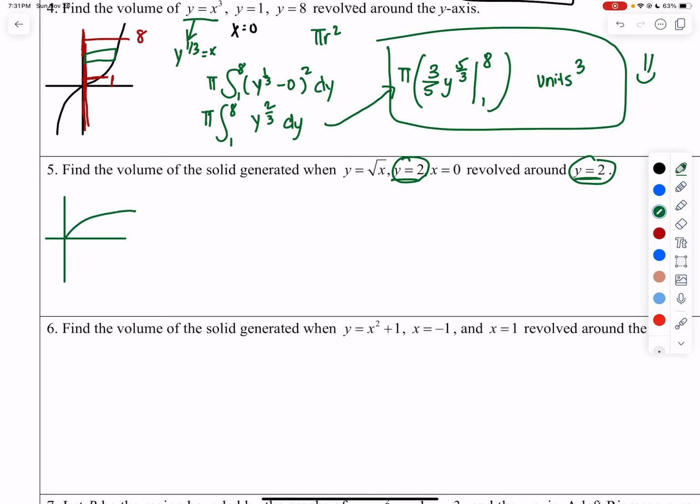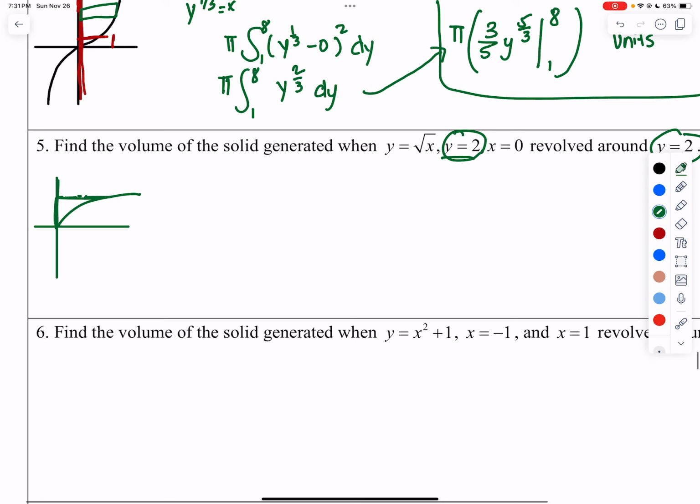We have x is equal to 0. And then we have y is equal to 2. So we want to find out this region right here.